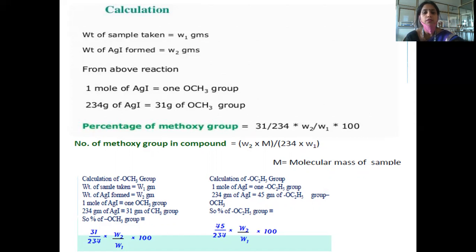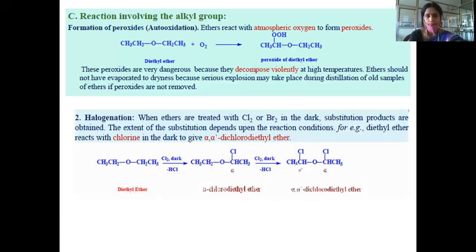So we cross multiply and finally get this formula. It is given at the bottom also. In terms of methoxy, the formula used will be 31 upon 234 into W2 upon W1 into 100. If we use ethoxy, 31 will be replaced by 45. In this way we can check the number of methoxy groups in the compound using this formula, where M is the molecular mass of the sample taken.